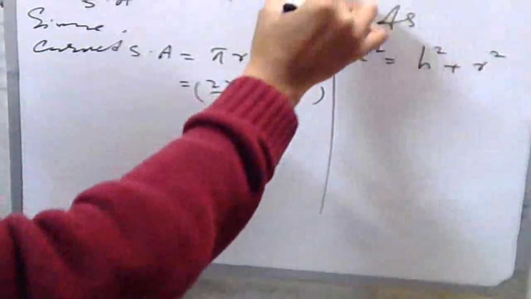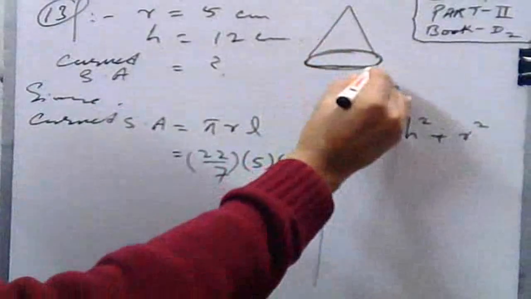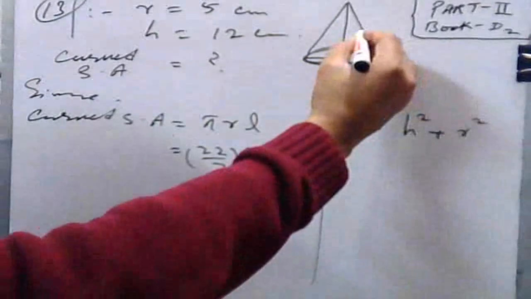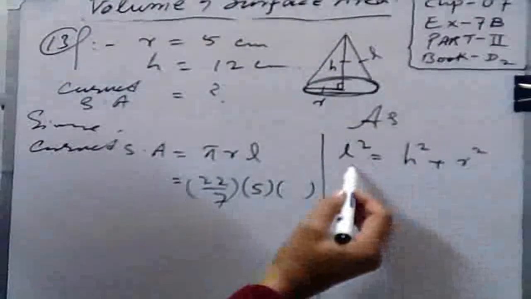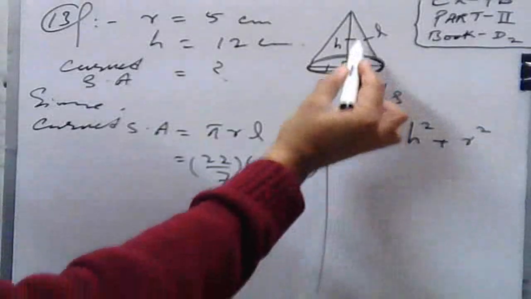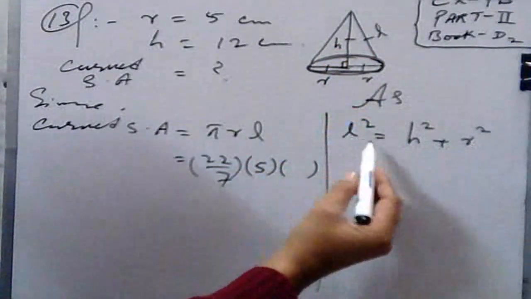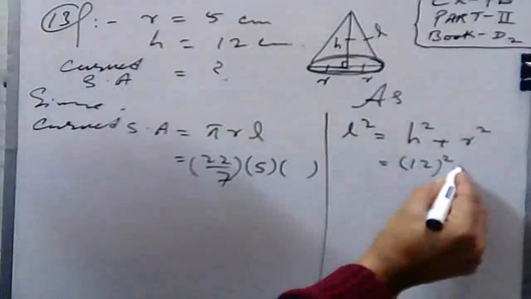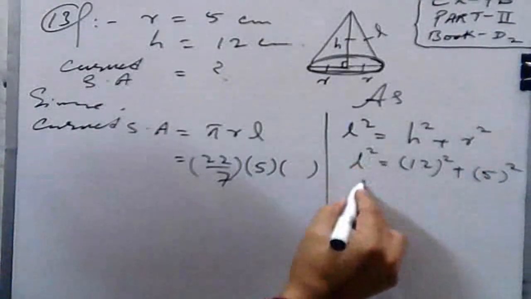If we see the cone like this, that is your slant height l, that is your h, and that is your r. So by Pythagoras theorem, if we take this triangle, h square plus r square is l square. So the value of h is 12 square, and the value of r is 5 square.